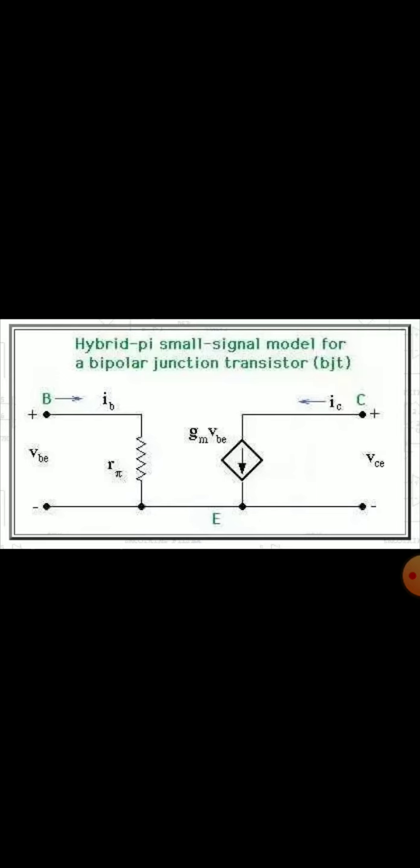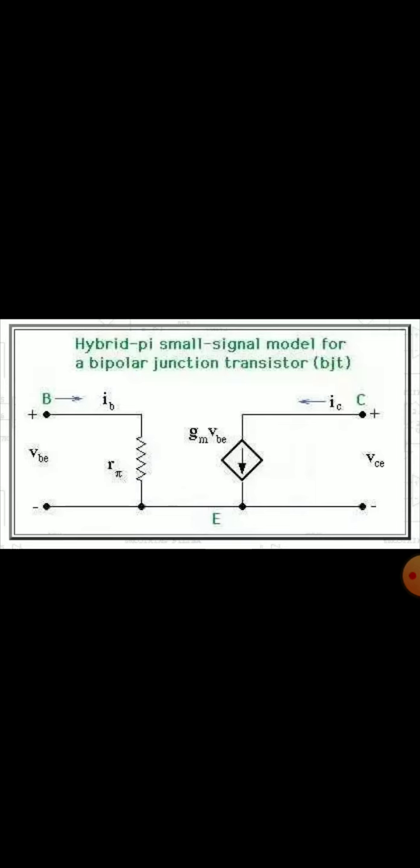The change in effective base width causes the emitter current to change. This is the feedback effect between the input and output, so it is taken as the connection R mu between B dash and C. It is up to 4 megaohms.